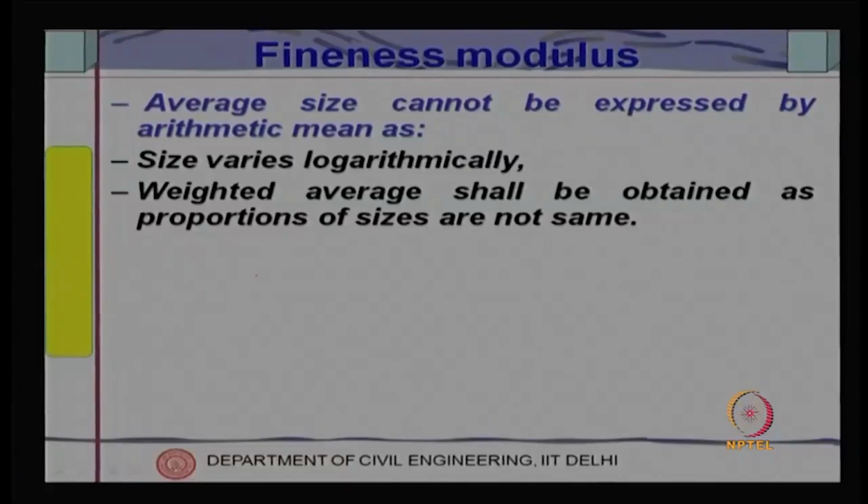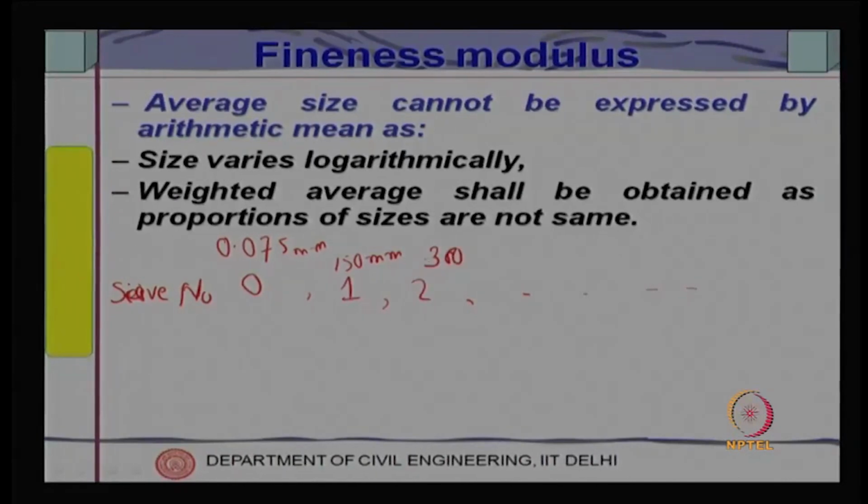What we can do is define sieve numbers as, for example, sieve number 0, sieve number 1, sieve number 2, etc. So, sieve number 0 may correspond to 0.075 mm, sieve number 1 to 0.15 mm, sieve number 2 to 0.300 mm, etc. So, I can talk in terms of average sieve number.